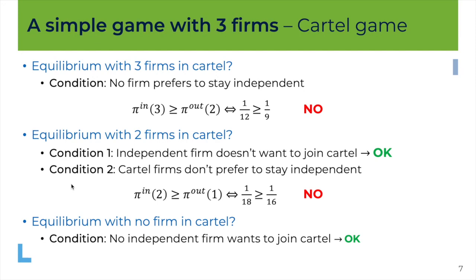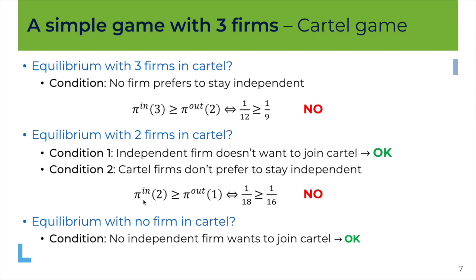Now, the question remains as to whether the firms which are supposed to be in the cartel don't want to leave the cartel and stay independent instead. In this case, the condition writes as follows. The profit of the firms in the cartel when there are two firms in the cartel should be larger than the profit of leaving this cartel, meaning that the cartel would collapse as only one firm would remain in the cartel.